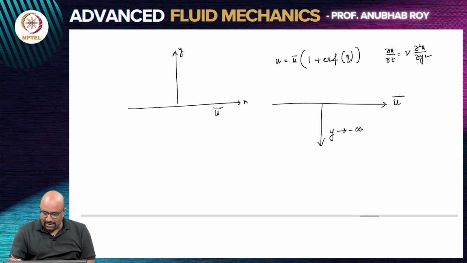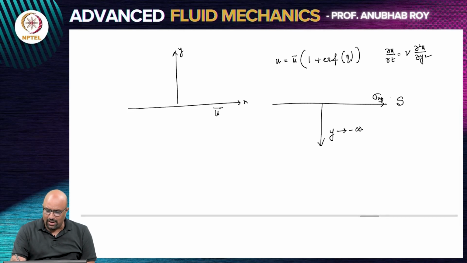Now, let's say that instead of applying a constant impulsive velocity at the top plate, you apply a constant impulsive shear stress at the top plate, not a velocity. So, you are saying that tau, we have used sigma, right?